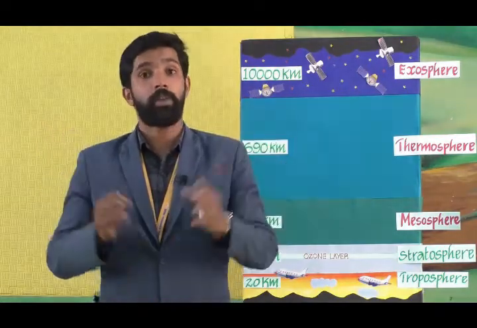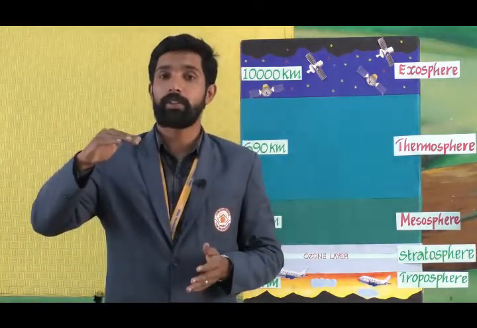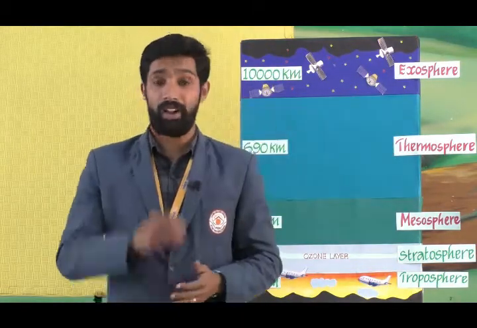Carbon dioxide helps plants to produce food in the presence of sunlight, and it also keeps the earth warm by absorbing the heat radiated from the surface. Then ozone protects us from the harmful ultraviolet rays of the sun.